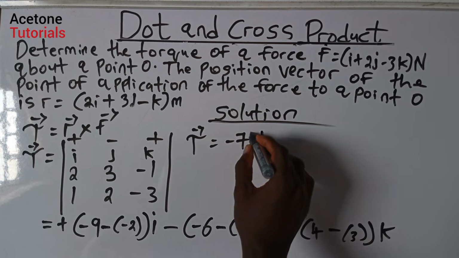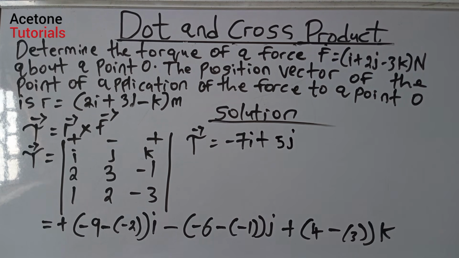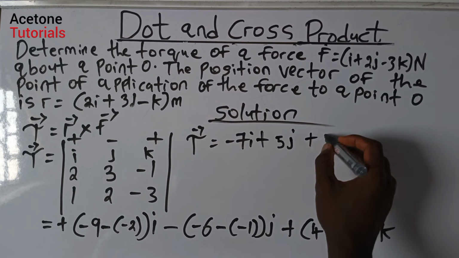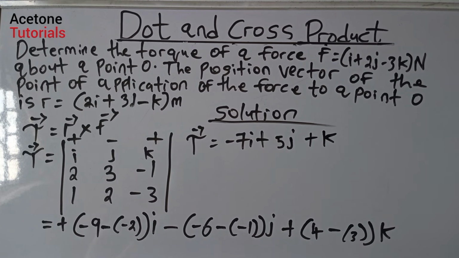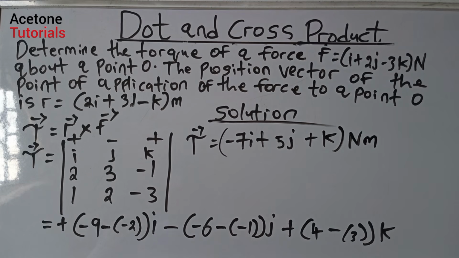Minus 7i plus 5j. 4 minus 3 is 1. So we have plus 1k, which is just plus k. So that is the torque: minus 7i plus 5j plus k. What's the unit? Newton meter. So that is the torque.